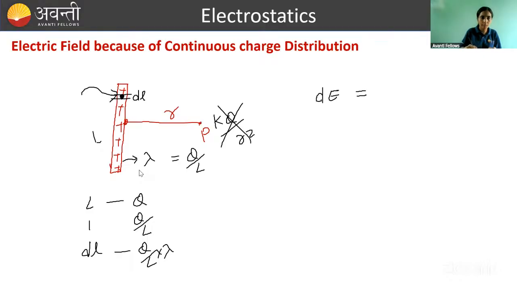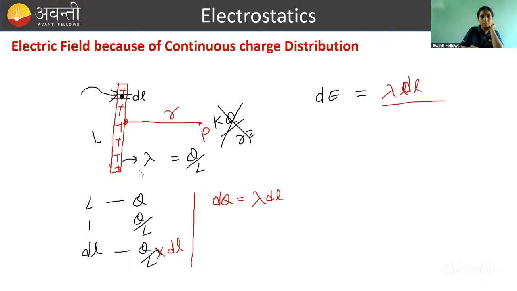Q by L into dL. Q by L can be written as lambda. So you will write charge in dL, that is small charge dq, is equal to lambda dL.